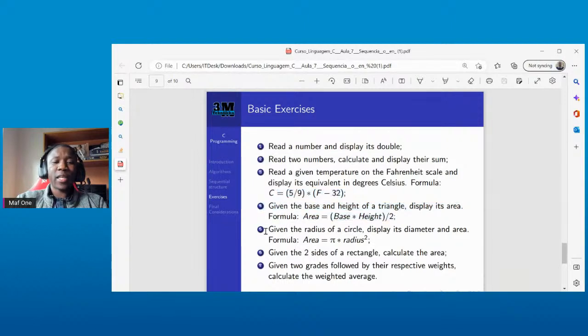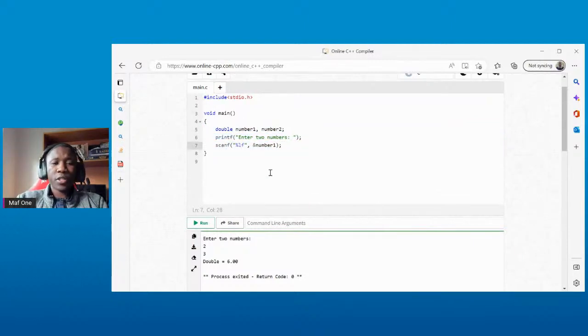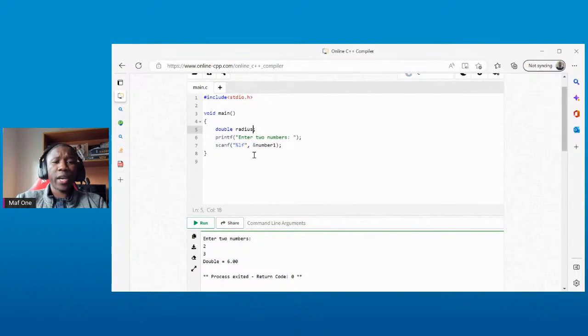Let's do something about the area of a circle. Yeah, the area of a circle is something like this. Let's do that. What are we going to receive for a circle? For a circle, we have the radius. Okay, we have the radius.